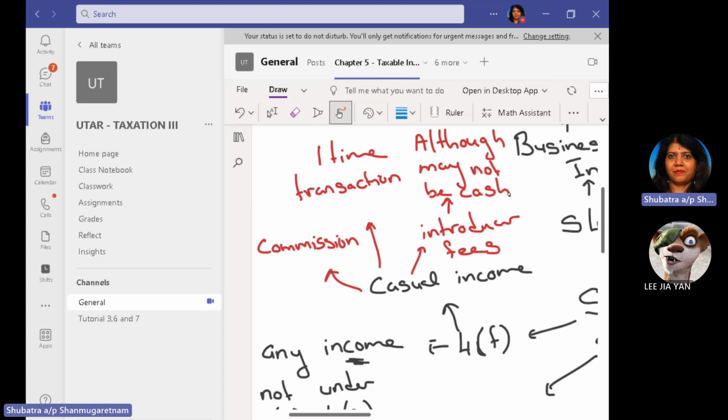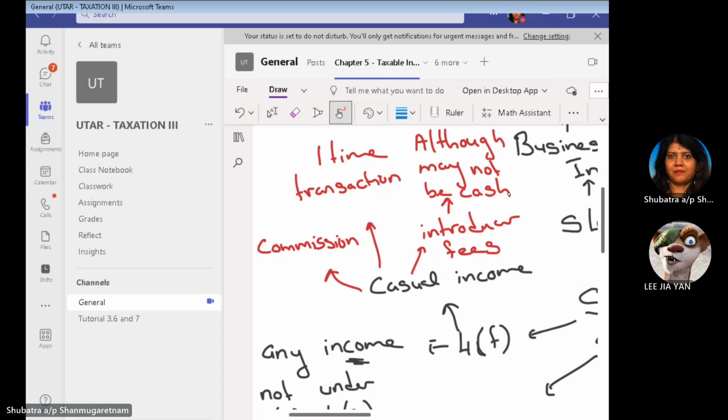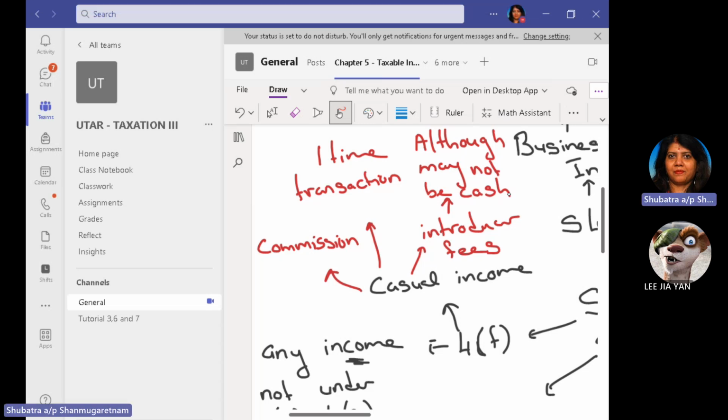For example, I introduce my brother to buy your house. So at the end of the day, you and my brother deal with each other. He buys the house. You're so thankful to me, you come and present me a watch. That watch will fall under 4F, because you gave it to me because I introduced my brother. So although it may not be cash, it may be in kind, it can still fall under 4F. All right, guys?